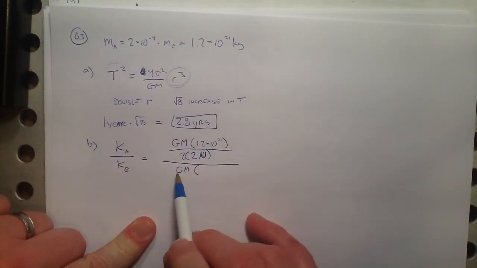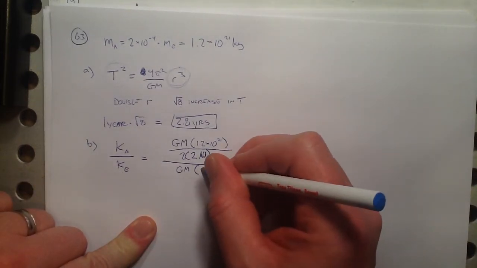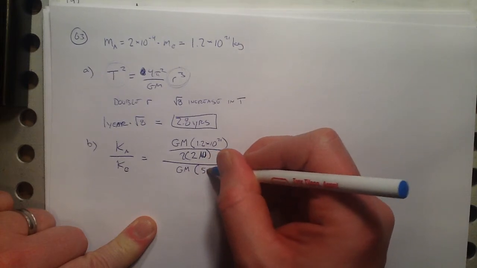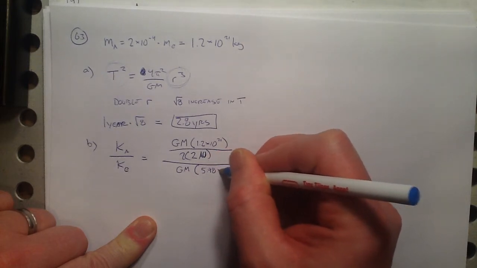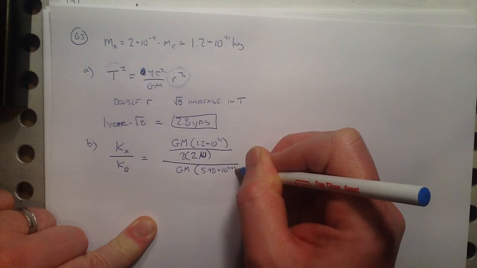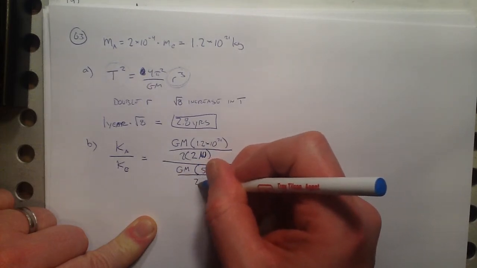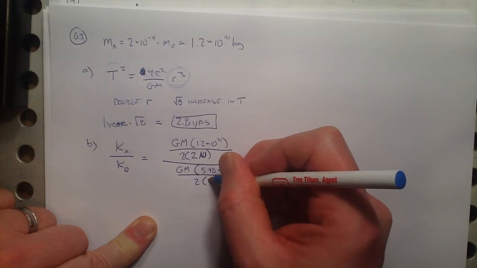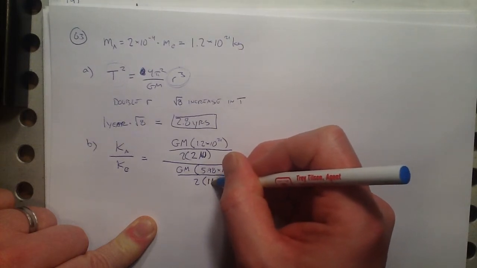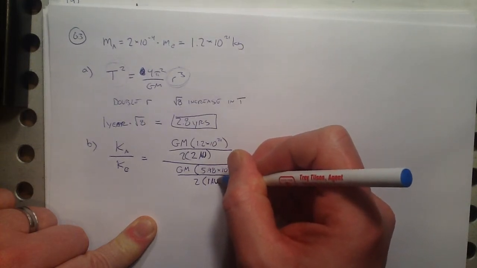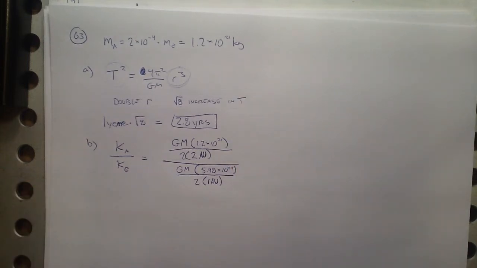Kinetic energy of the Earth, GMM over 2r, where the mass of the Earth is 5.98 times 10 to the 24th, and the radius of the Earth going around the Sun is 1 astronomical unit. I used those because I knew they were going to cancel out.